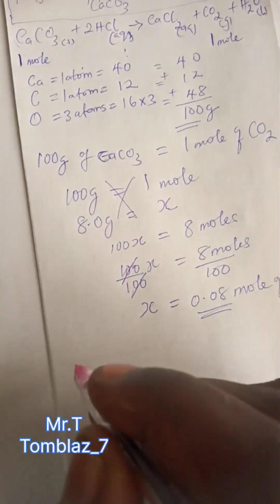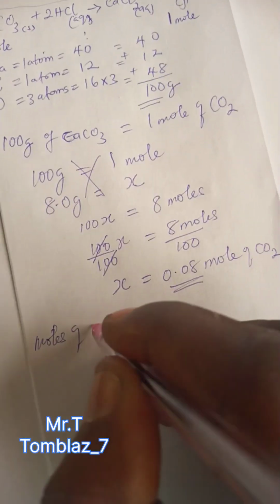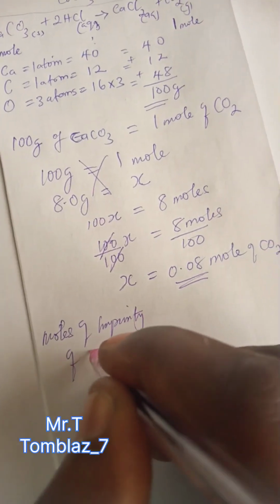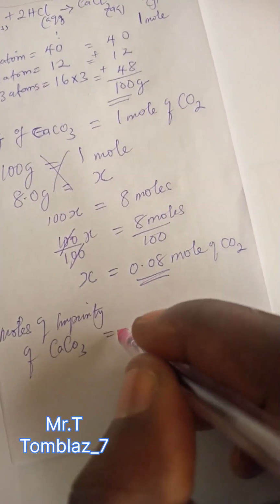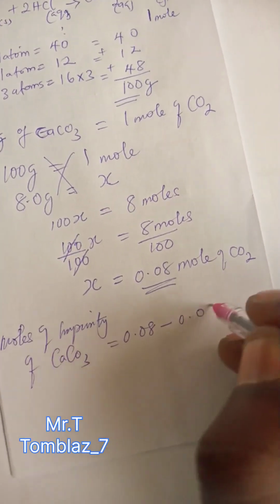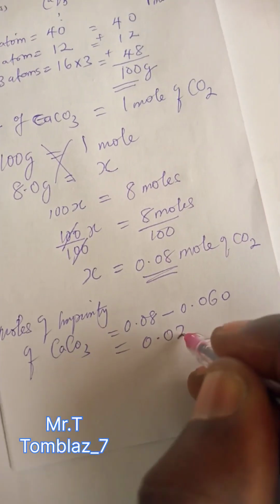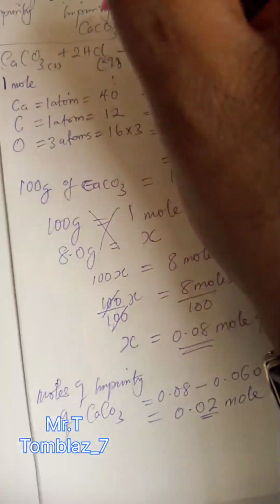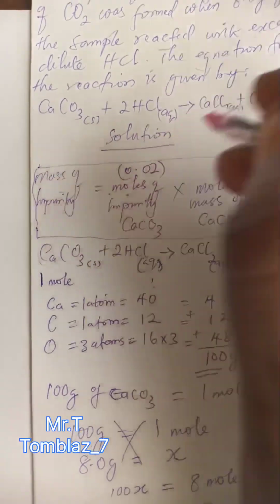So let's find the moles of impurity now. Moles of impurity of calcium carbonate will then be equal to 0.08 minus 0.060. So that will give you 0.02 mole. So we have gotten this value to be 0.02, right?